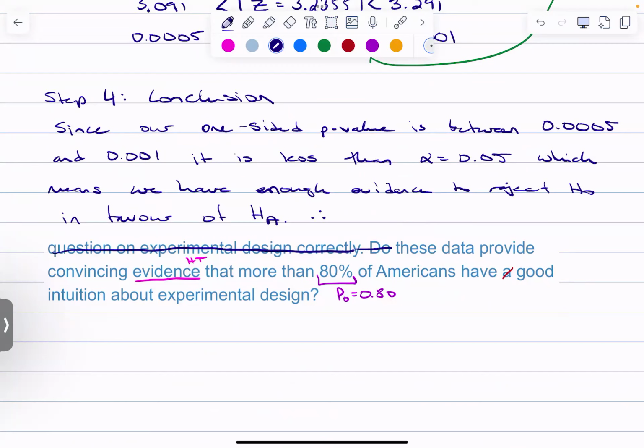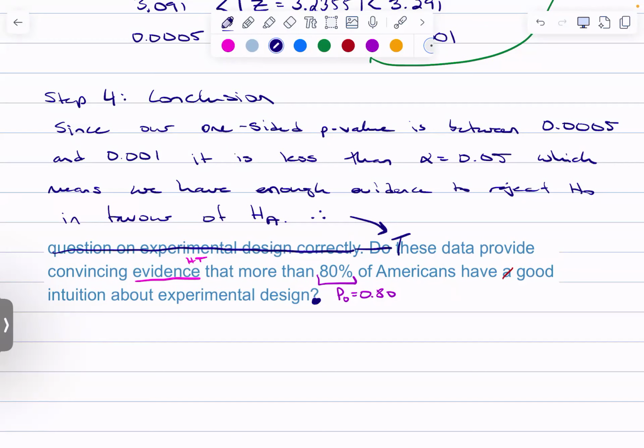Therefore, these data provide convincing evidence that more than 80% of Americans have good intuition about experimental design, period. Long, but not hard.